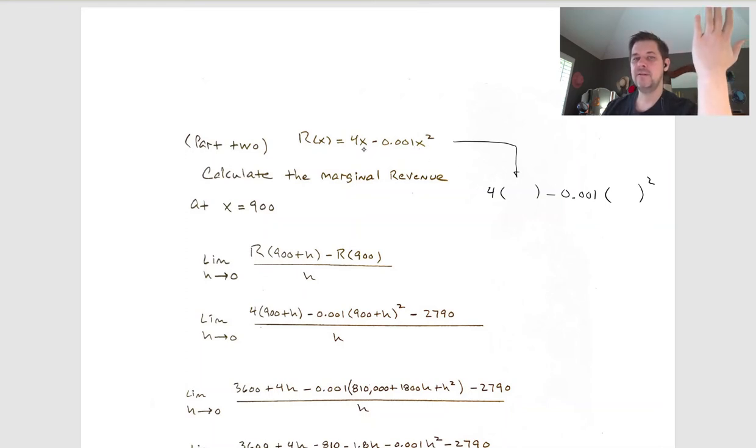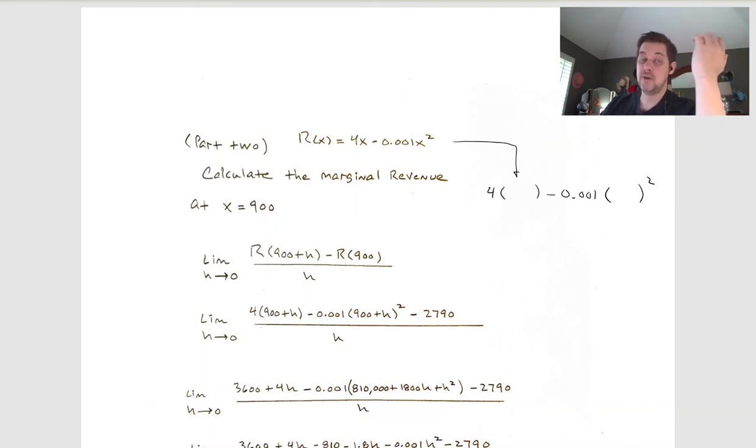And whether I call that input x or whether I just leave an empty spot to write down whatever I want to plug in is the same thing, right? Like if I wanted to plug in 900 into this function, I would write 900 here and 900 here.